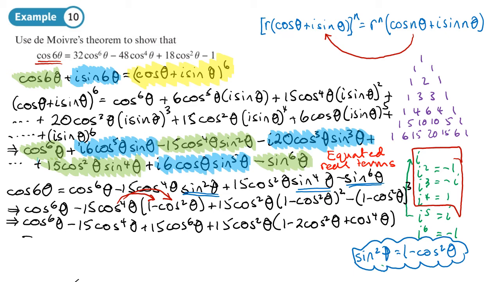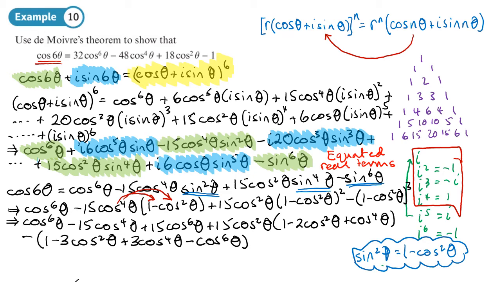And multiplying that out, we'll get 1 minus 3 cos squared theta. So I'm not going to go through all of the multiplying out. That's something you can do. Plus 3 cos to the power 4 theta minus cos to the power 6 theta.